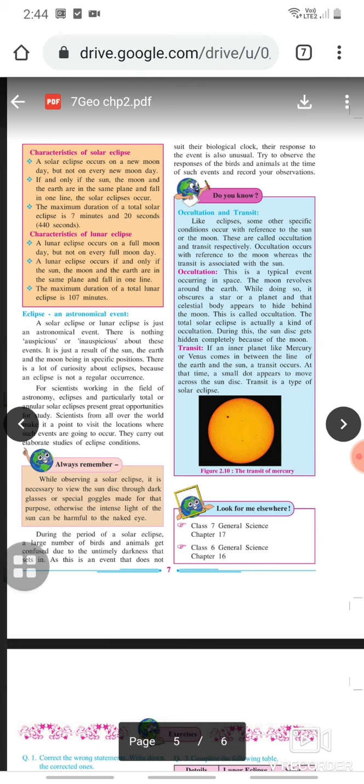It is opposite to the solar eclipse, if you notice it. A lunar eclipse occurs if and only if the sun, moon and the earth are in the same plane and fall in one line. The maximum duration of a total lunar eclipse is 107 minutes. A huge time.